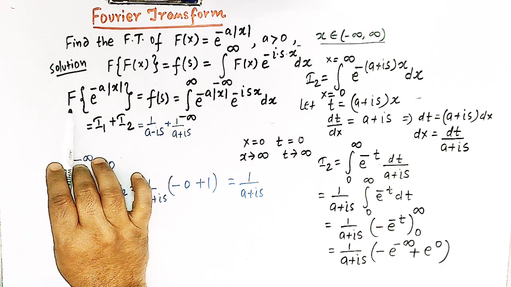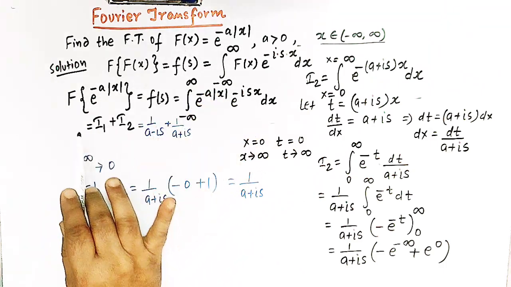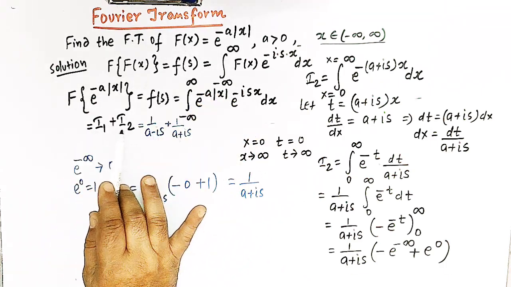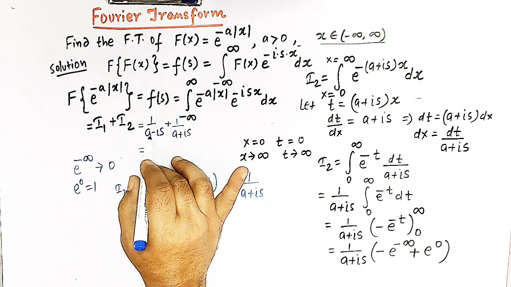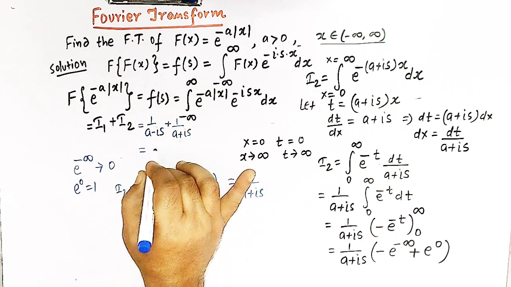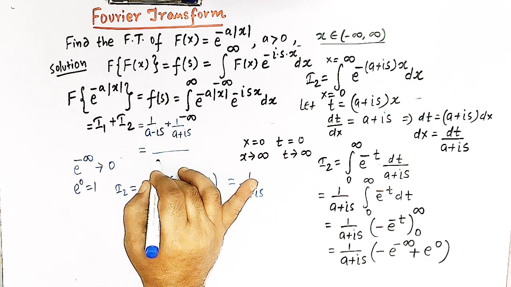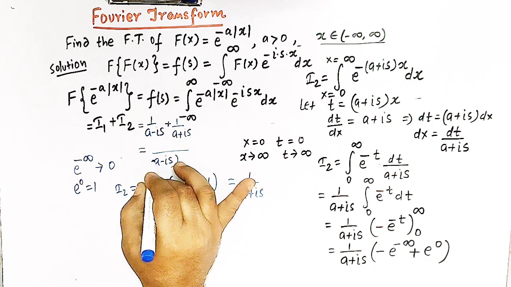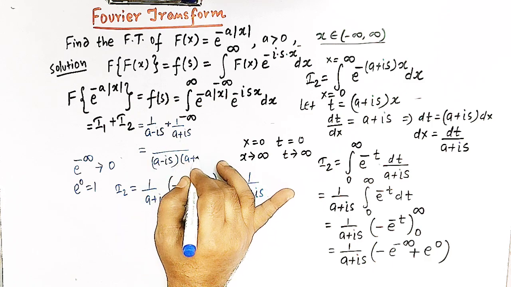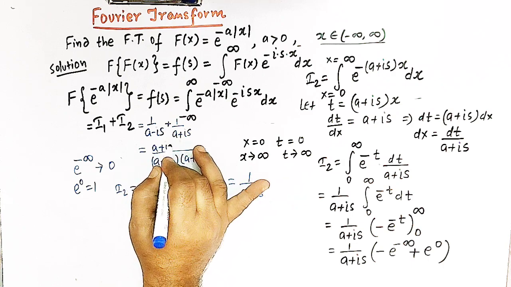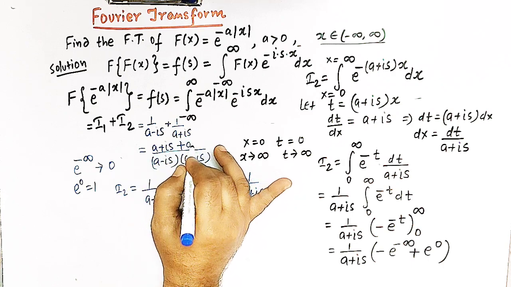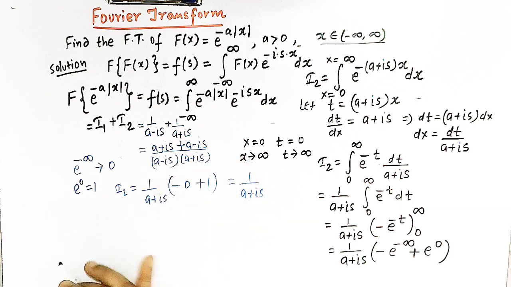Now the Fourier transform of this function f of x is given by the sum of these two integrals. So let us add these two complex numbers. Here we have a minus is times a plus is, and here we have a plus is plus a minus is, right?